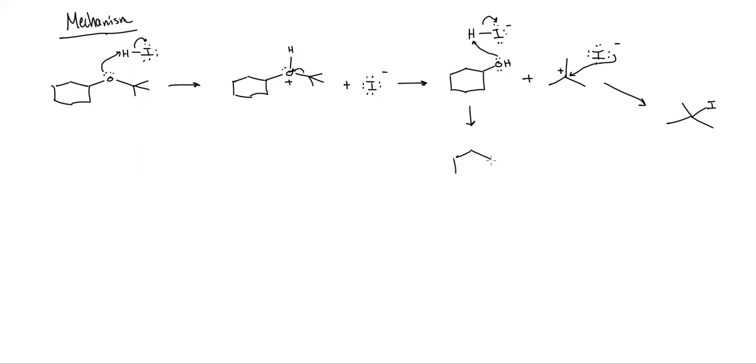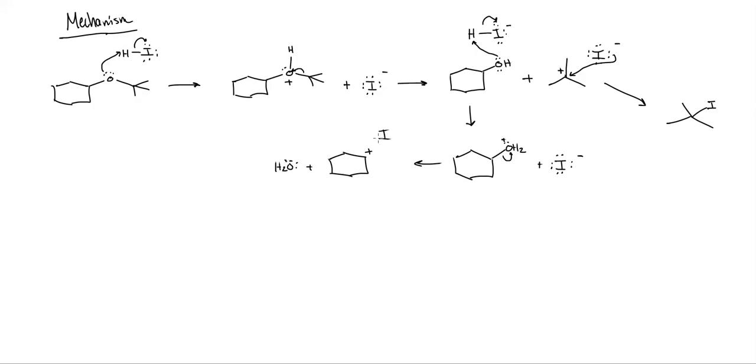And then I get a protonated alcohol with I minus. And as we know, protonated alcohols are good leaving groups, so that's going to leave as well. And then that's going to give me a carbocation right there. And I also get water.